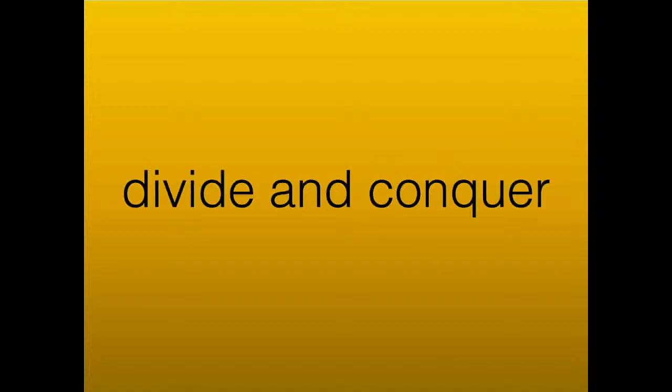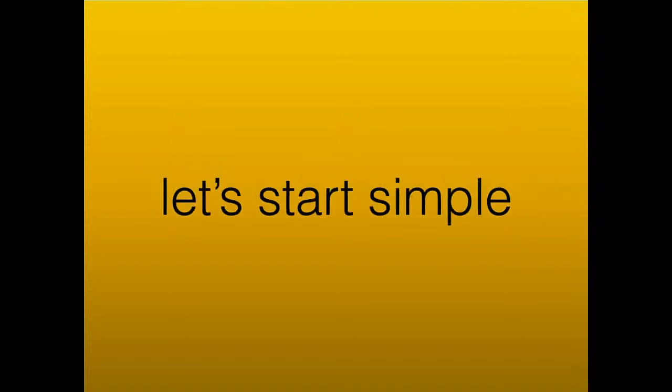And then we're going to talk about optimizing DP with divide and conquer as well, so I hope you know what divide and conquer is. Again, if any of this is not really familiar to you, please ask. Okay, so let's start simple.